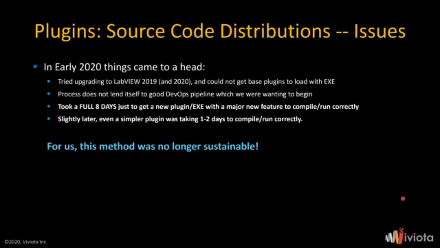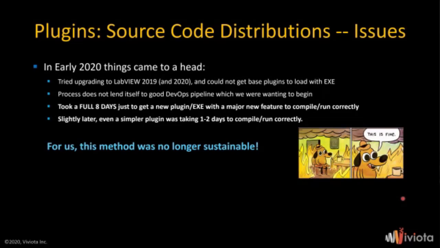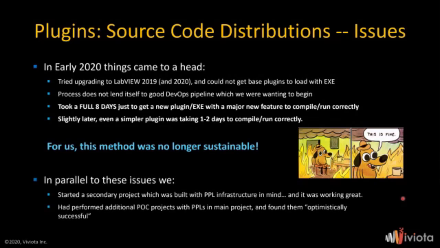And even smaller plugins were taking 1 to 2 days to compile and run correctly, and it was just no longer sustainable. So we were literally in this type of environment, and we decided we're done with this. I had, in parallel, because I kind of saw this coming, started playing around with PPLs in a secondary project, and had become convinced that this was the right way for us to go.